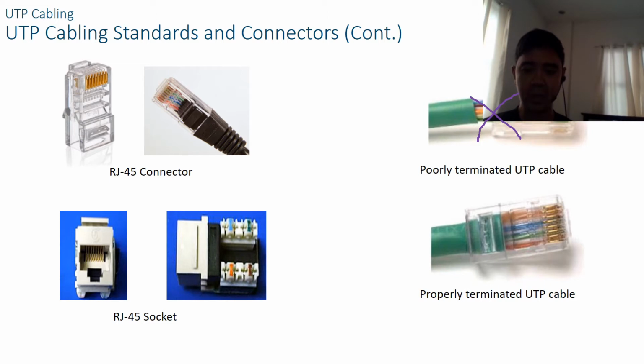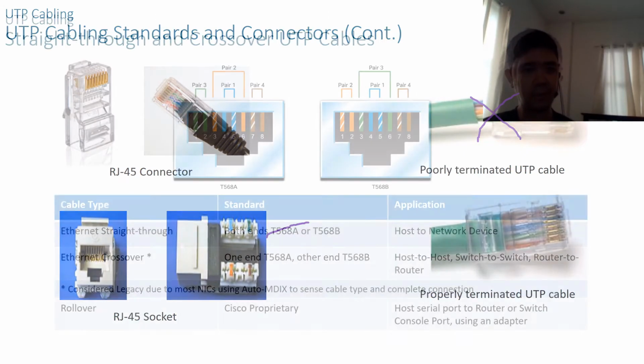Part of the outer jacket should be inside the RJ45. Here there is a socket, where we connect our RJ45. We usually see this RJ45 socket in the telecommunication outlet.